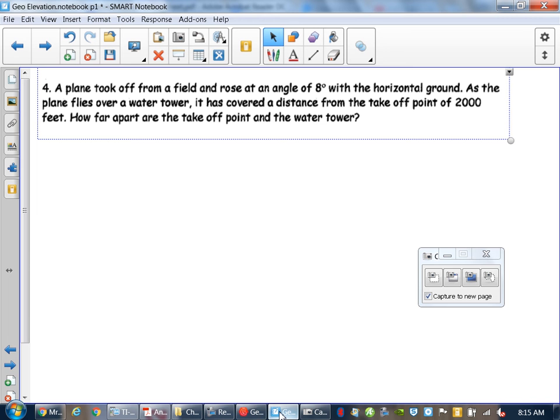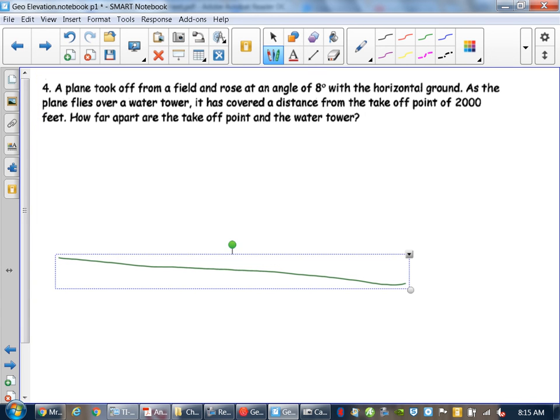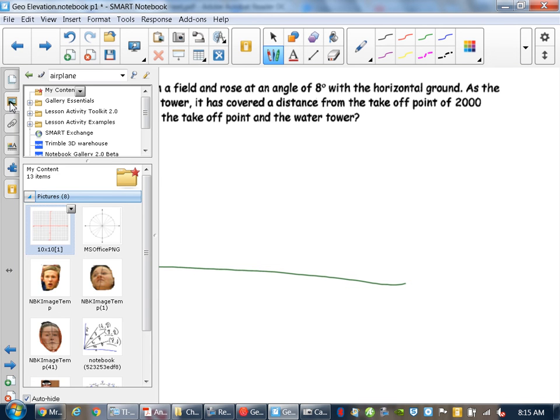So, as the plane takes off from a field, we need to have a field. It's green. And then we need to have a plane.